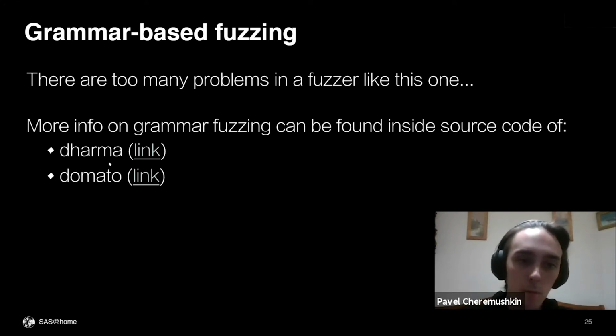To learn more about how fuzzers work, I would recommend reading their source code. This is really a good way to learn fuzzing. Very popular fuzzers are Fuzzilli by Mozilla and Domato by a researcher from Google. I would be able to share the slides with you later on.